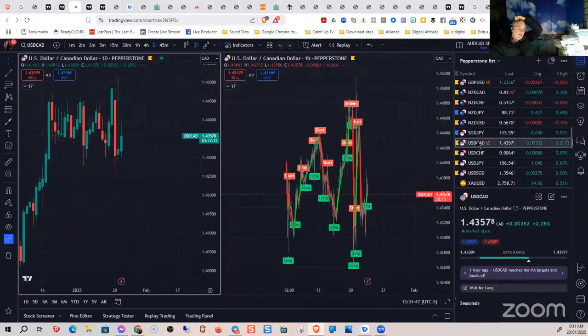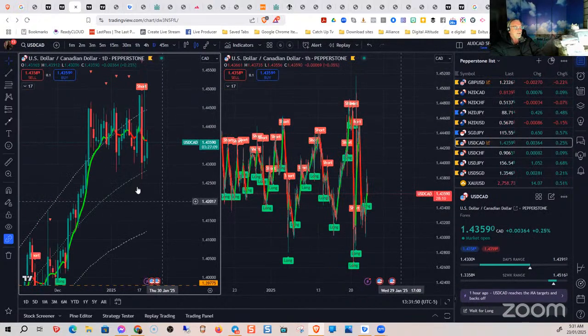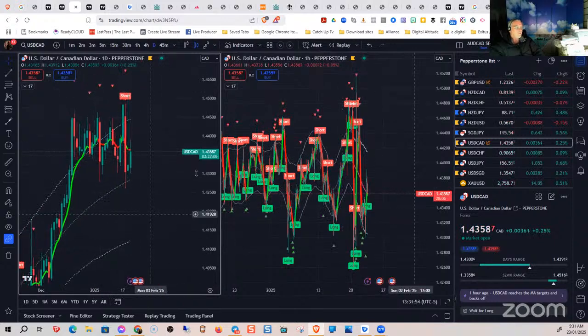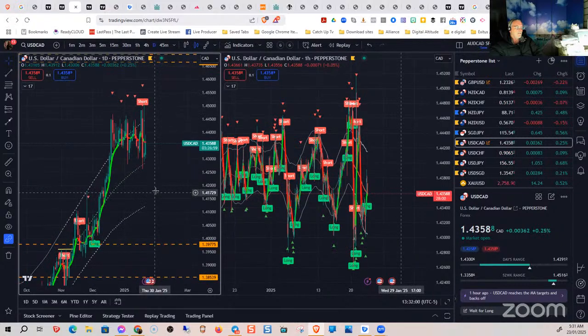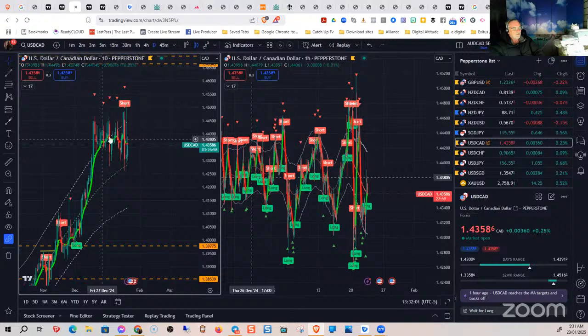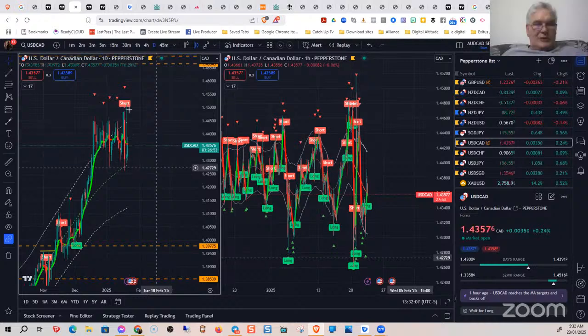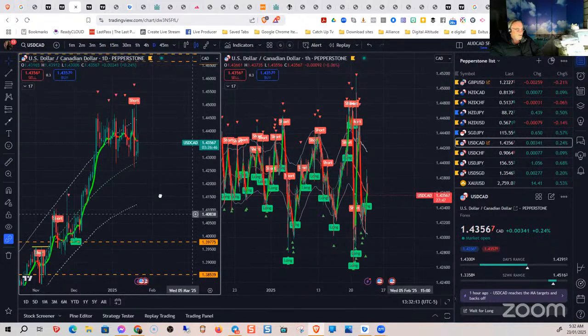USD CAD. Looking for that to sell, but I think it will. Look at the sideways stuff on it. It doesn't want to, but it's creating these lower lows. It depends on the orange man, and what the orange man says and does.